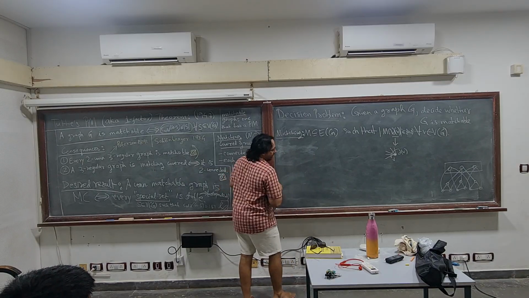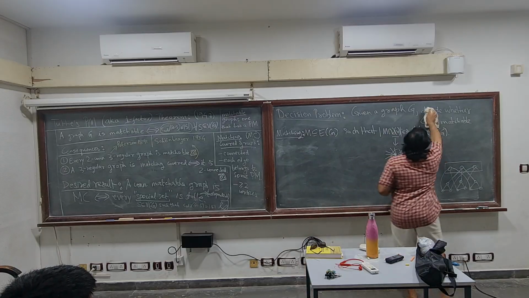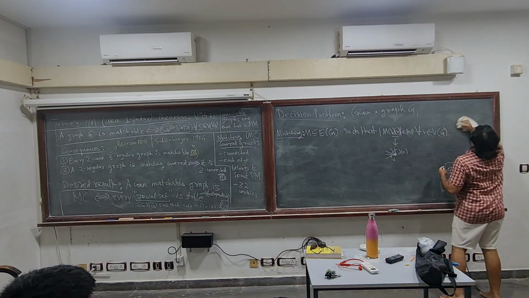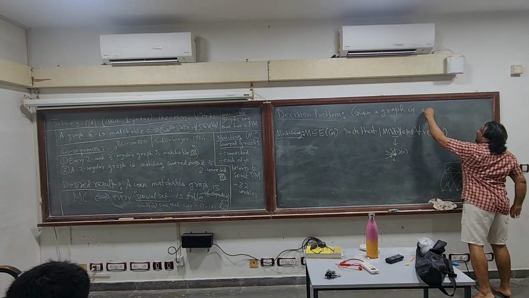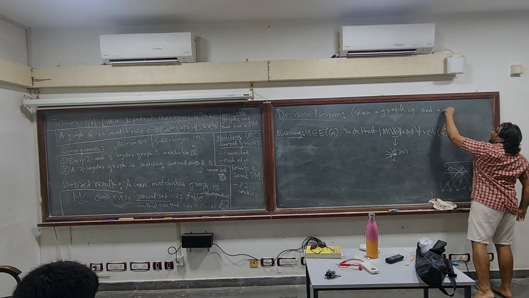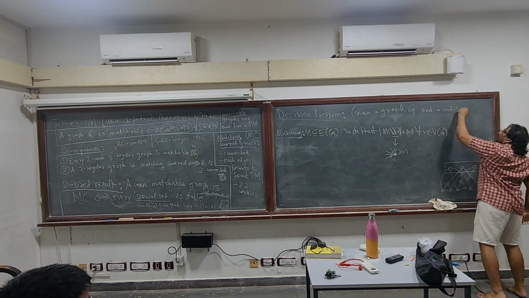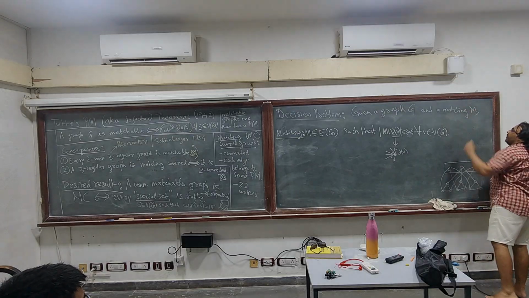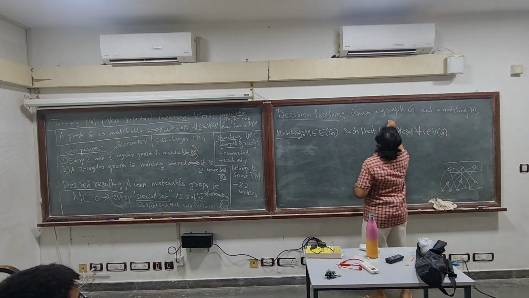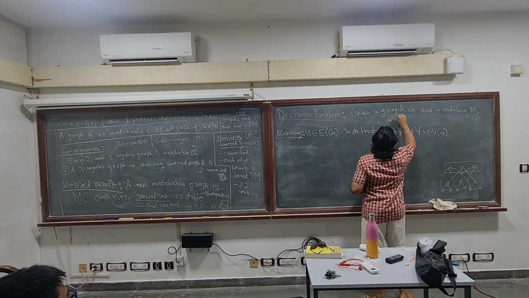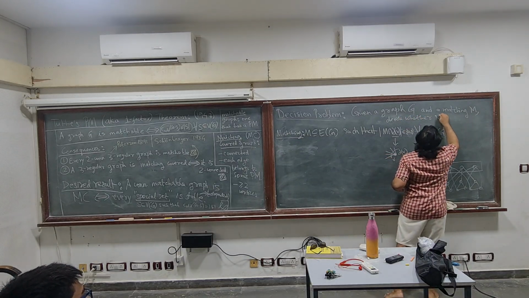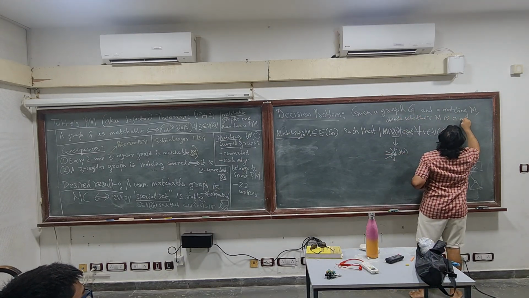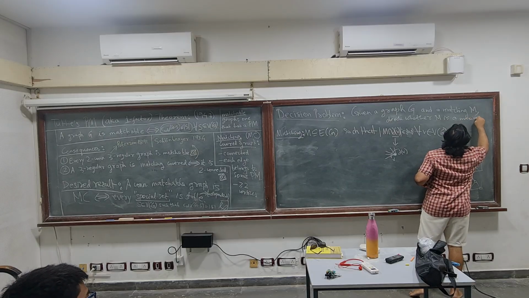I will change the original decision problem. Given a graph G and a matching M, decide whether M is a maximum matching.